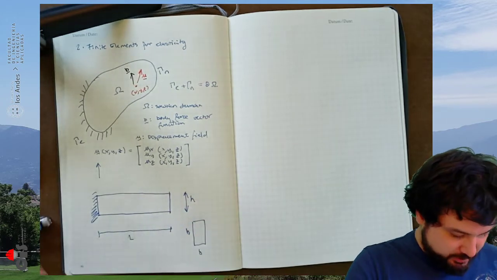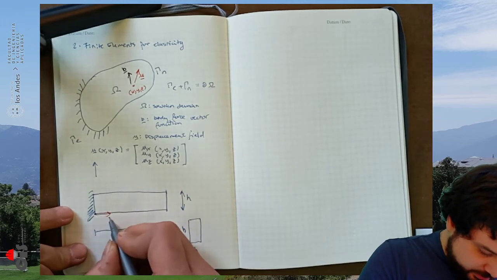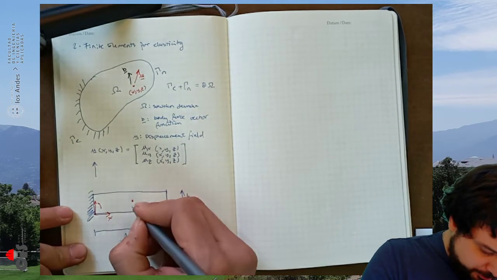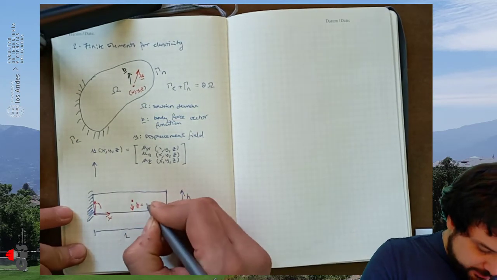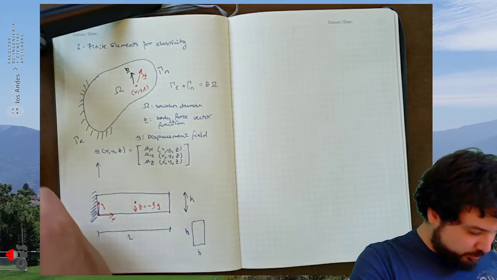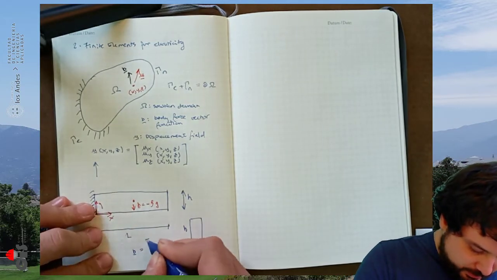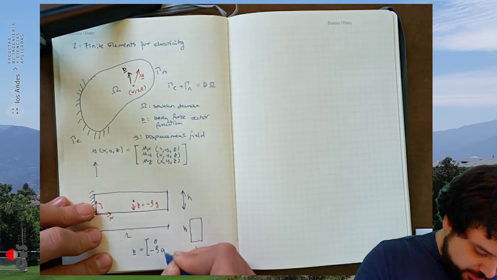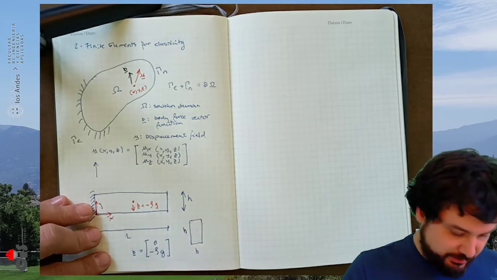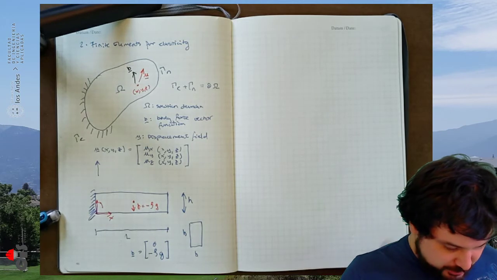So if you're subjecting this to self-weight, let's say you have an origin of the coordinate system x, y here, and at each point your b vector is actually going to be minus rho times g. That's your b vector. So you might want to write it out as b equals 0, minus rho g, where rho is your typical mass density and g is the gravitational acceleration. Cool. So that's part of our setup.